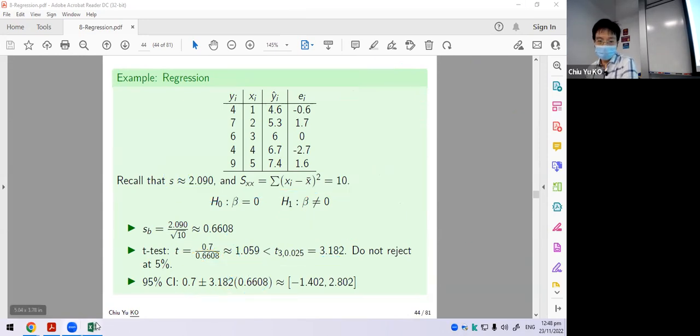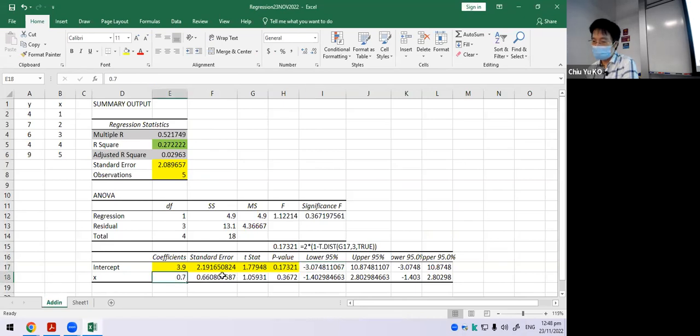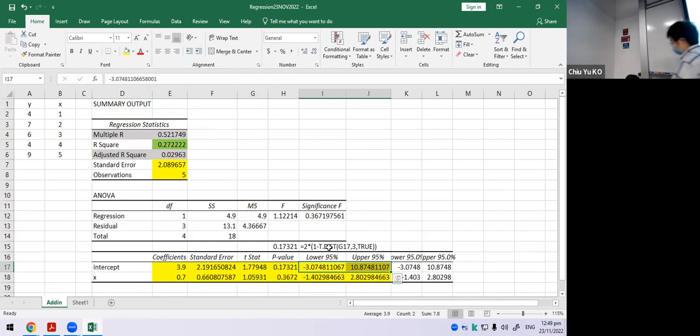And I want to draw your attention to how you do this. This is how you get 0.7. This is how you get 0.6. That's how you do all these three. I hope you know how each entry comes about. Of course, the assignment just asks you to run this in Excel and tell me the numbers.